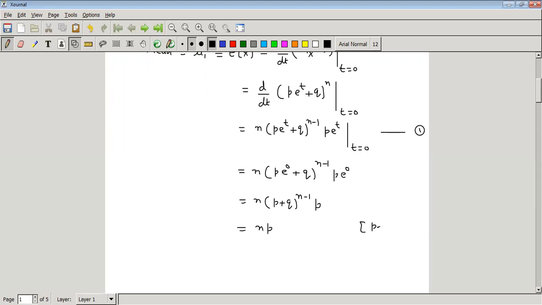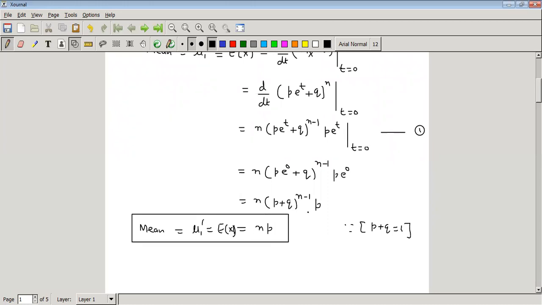So the mean of the binomial distribution, mu1 dash, which is the expectation of X, is n into p.